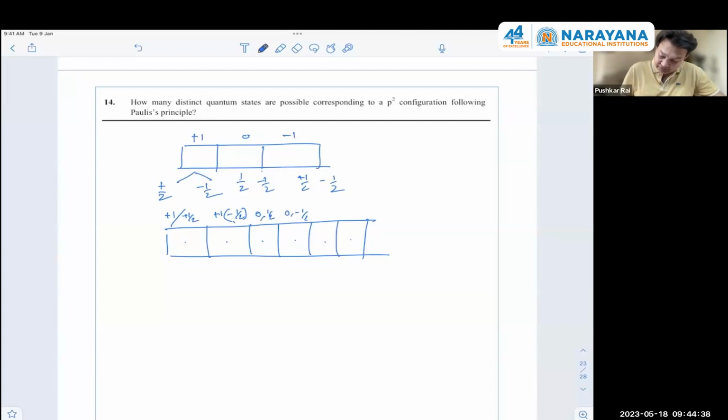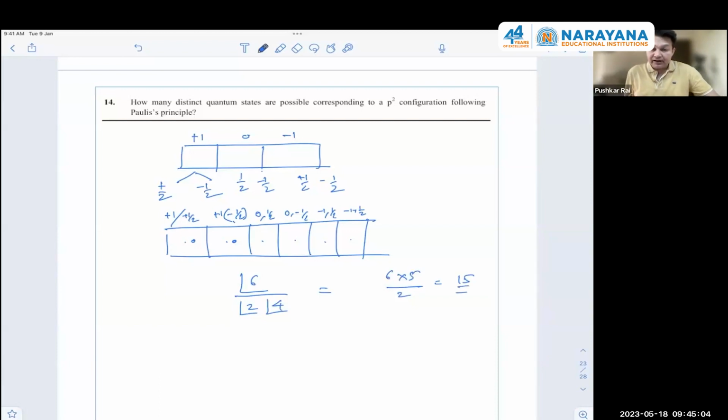Then you have -1 +half, -1 -half. 6 boxes are there. And you have to put how many electrons in this? 2. So 2 objects have to be put in these. How many ways can you do it? Factorial 6 divided by factorial 2, factorial 4. That is equal to 6 into 5 divided by 2, which is 15 ways.